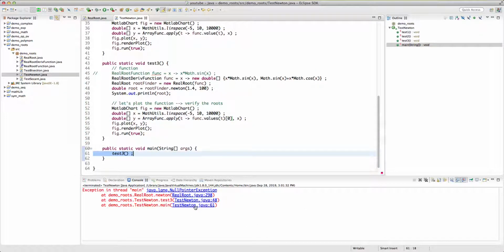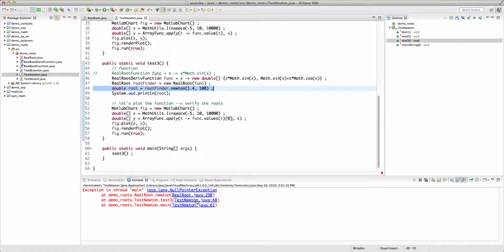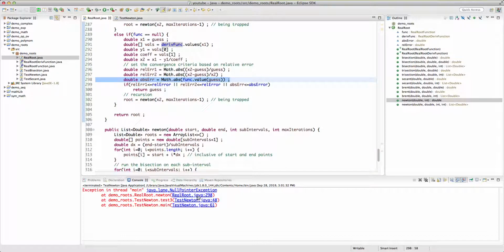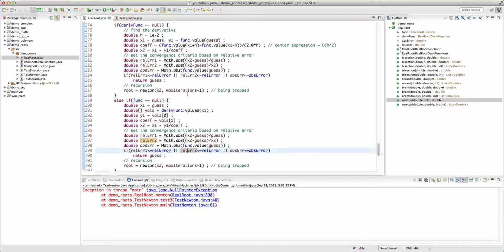Null pointer exception. Oh, okay, so we're going to use the deriv func here, call the values, and then the first. Actually, we don't need that. It's just y1, right? We didn't need to actually call the function again.